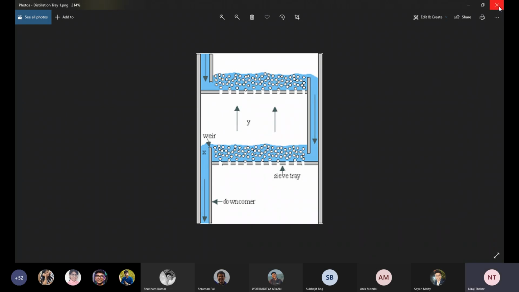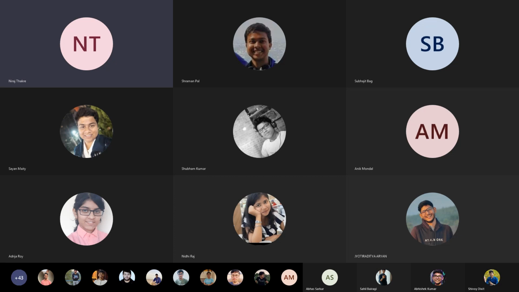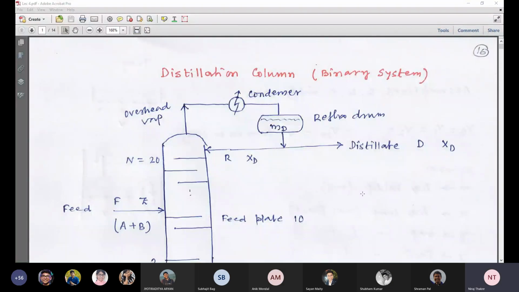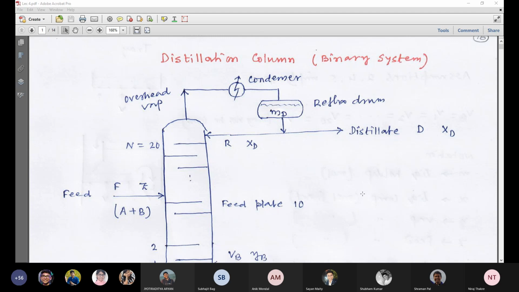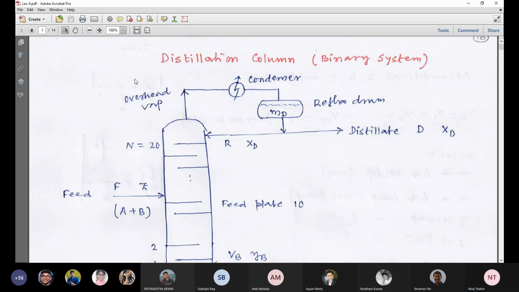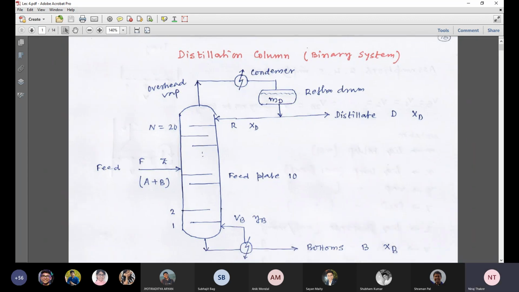Okay, let us come to our original part. Basically, we are doing degrees of freedom analysis for a distillation column. Come back to that distillation column. This is a distillation tower. We discussed this in the last class.